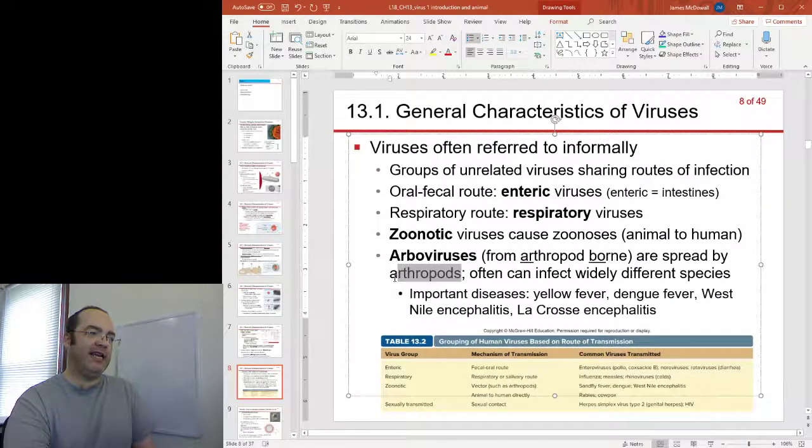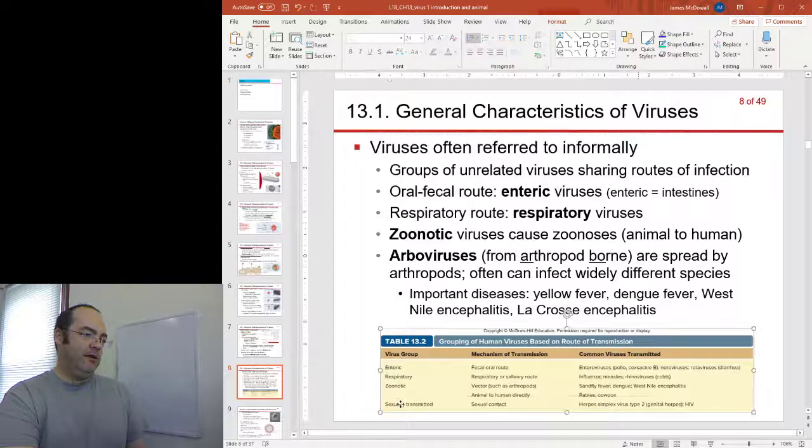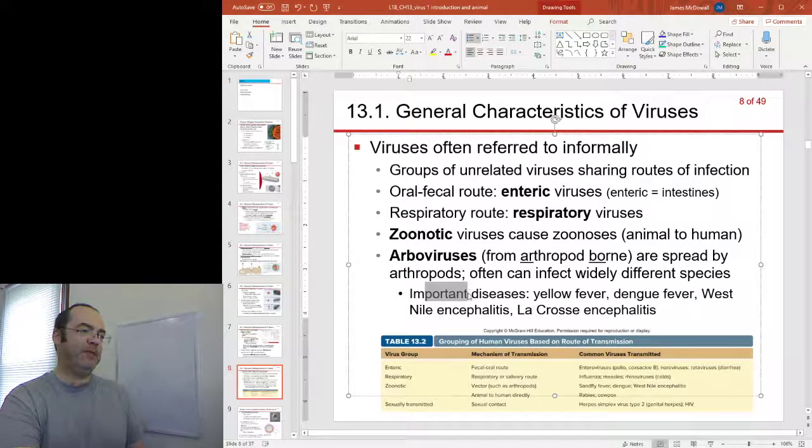So we looked at the idea of arthropod vectors last time. There are many examples of viruses that are spread by arthropod vectors. Yellow fever, dengue fever, West Nile encephalitis, equine encephalitis. Sexually transmitted viruses too, an important type of virus.